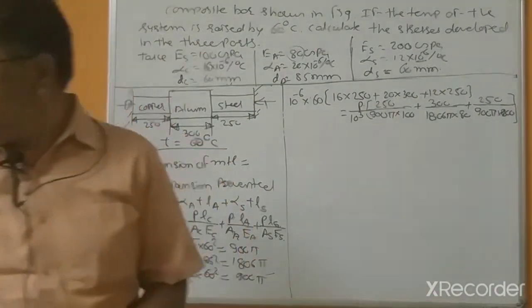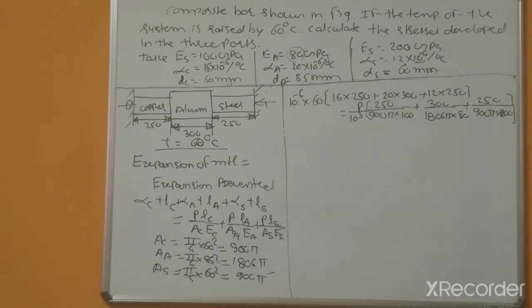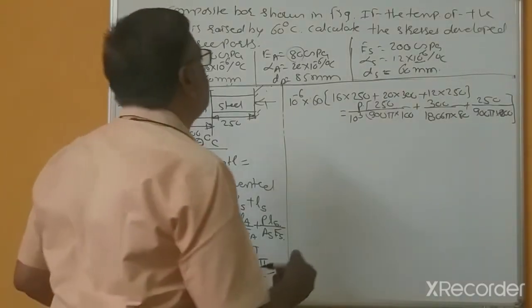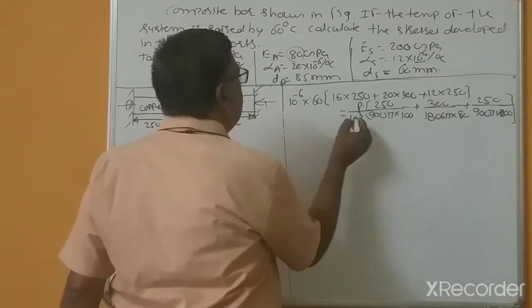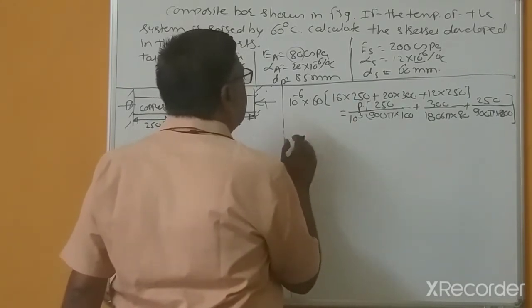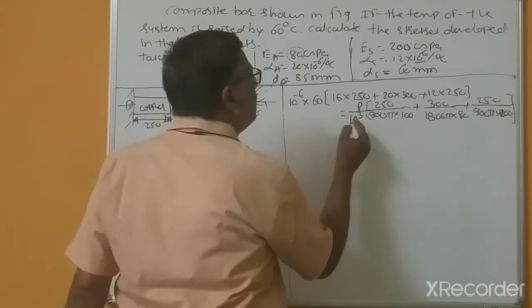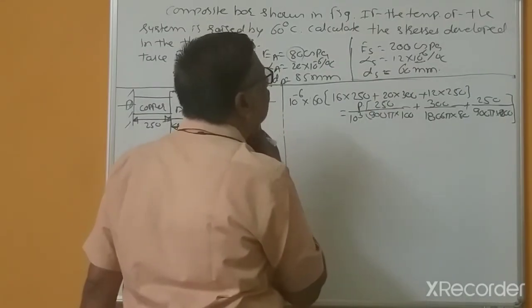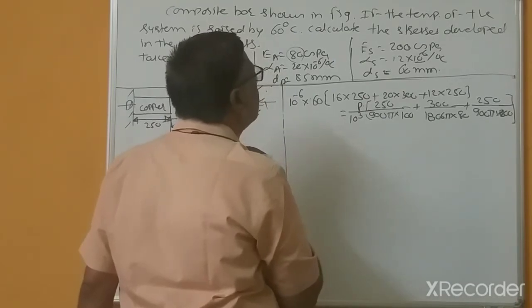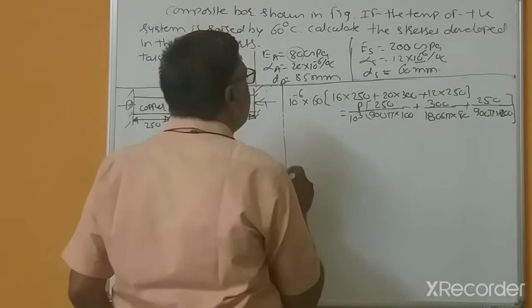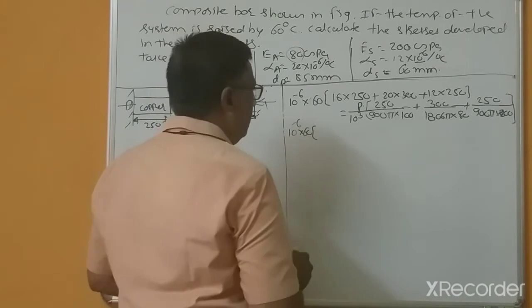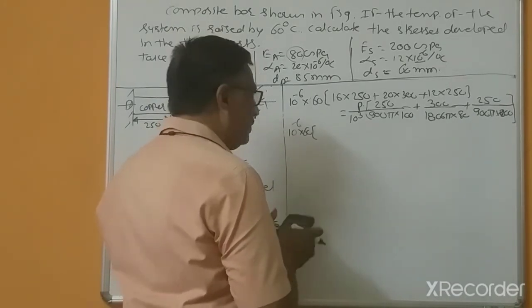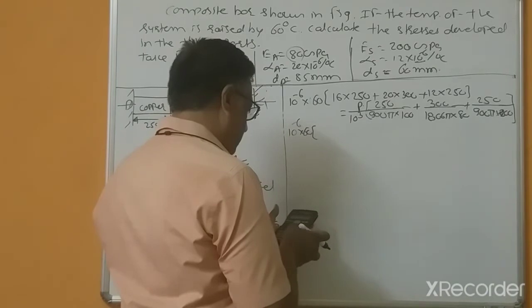I have written that. So this is 10 to the power minus 6, this 10 to the power 3. So we'll solve this. 12 into 250, 3000.